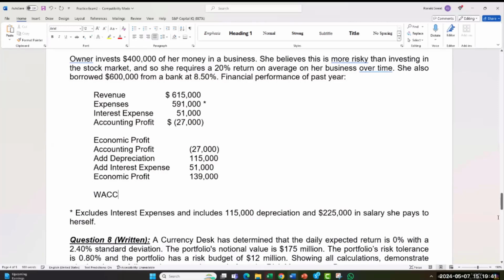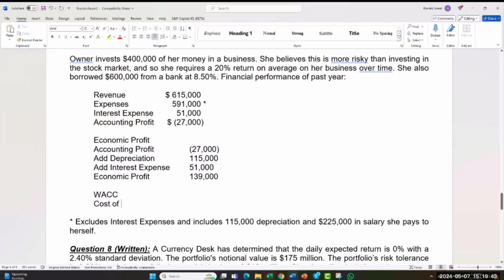Then we have our WACC. Our WACC is going to be cost of debt. Our cost of debt, she tells you up here, she borrowed at 8.5%. So 0.085, she borrows 600,000, and that gives you a cost of debt of 51,000. That one's already given, but you can confirm it just by multiplying those 2 together.